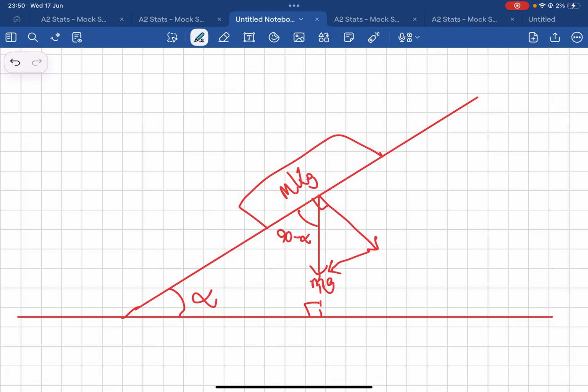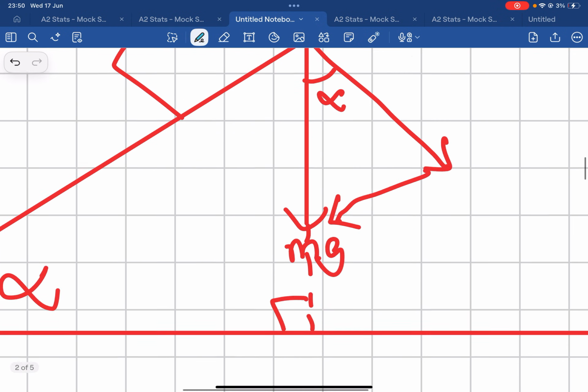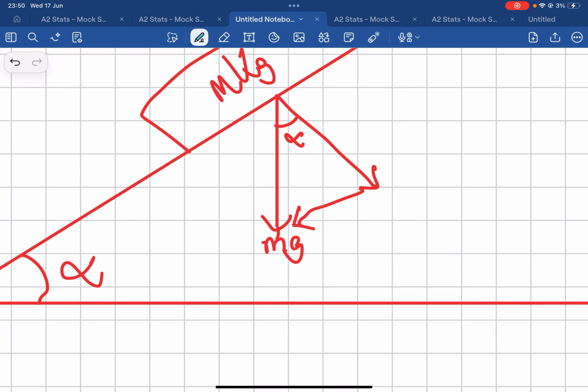Since this force is perpendicular to the slope, we can say that this is alpha. Now just using some basic trig, we can say that this is mg cos alpha and mg sine alpha.